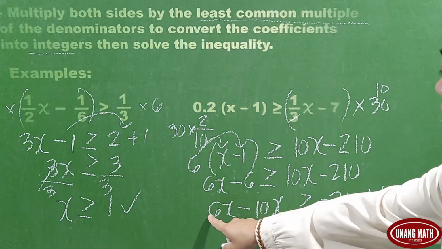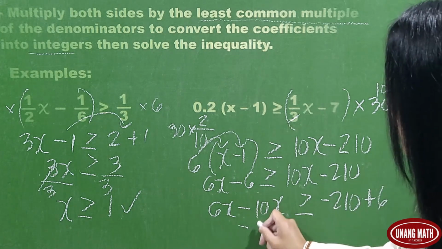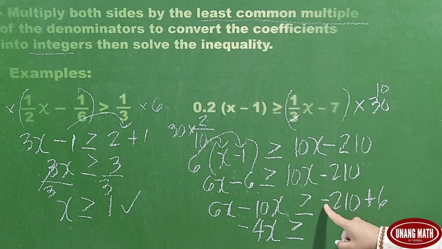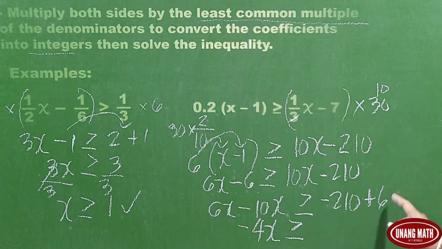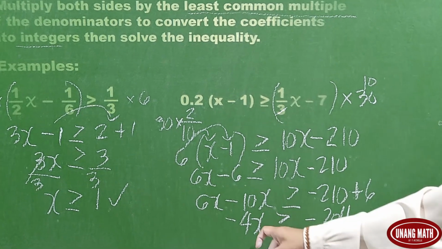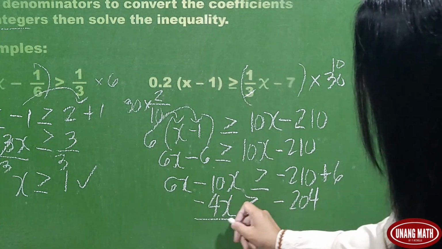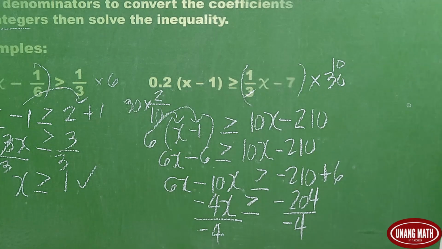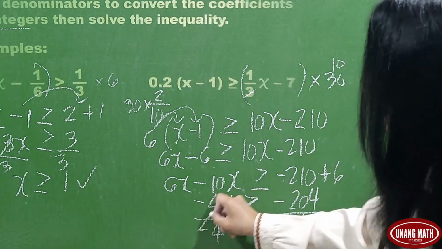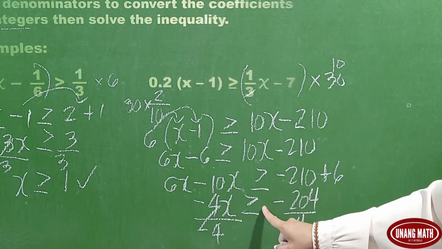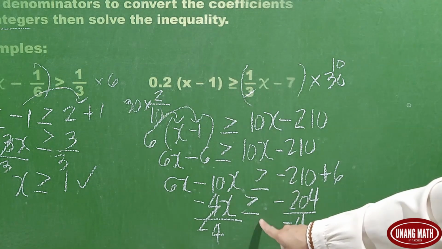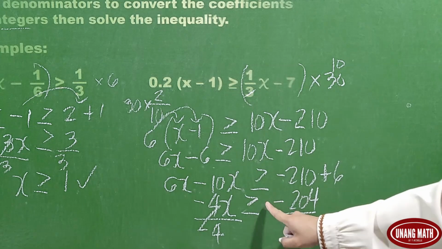Okay, simplifying it. 6x minus 10x is negative 4x. This is greater than or equal to negative 210 plus 6, we have negative 204. And to find the value of x, we will be dividing both sides by negative 4. And since we divided both sides by a negative number, our sign now changes from greater than or equal to, this now becomes less than or equal to.